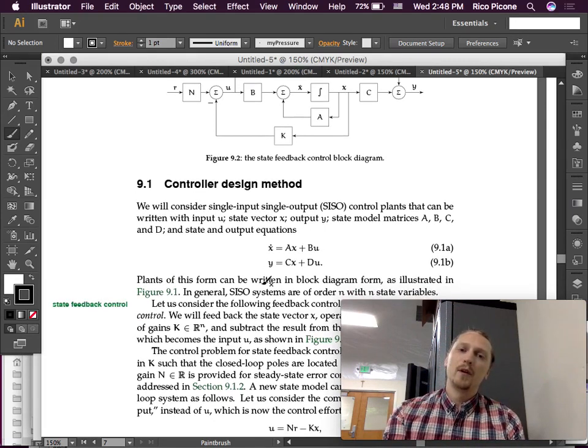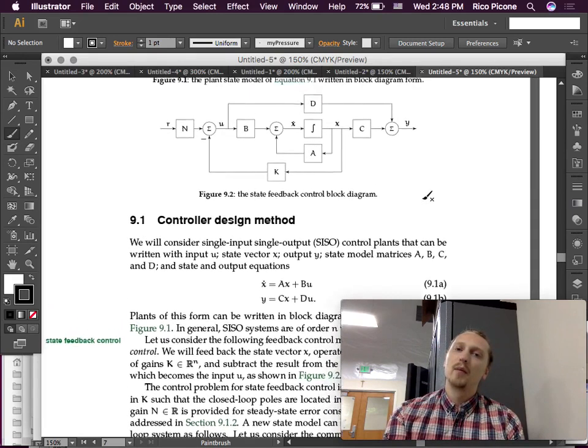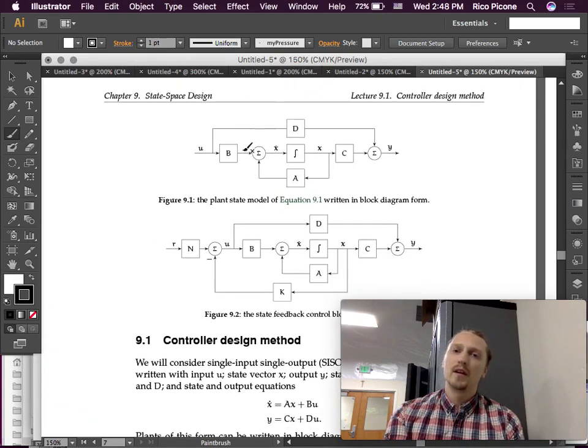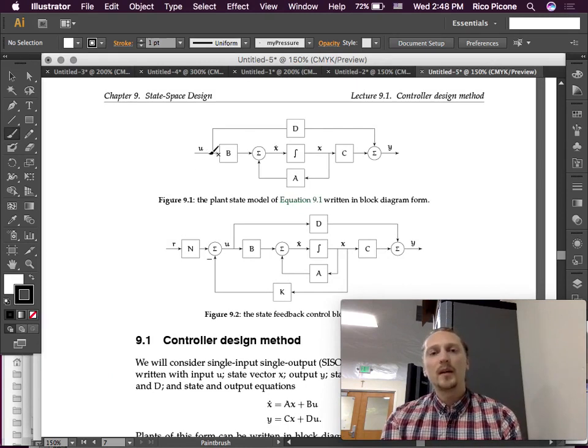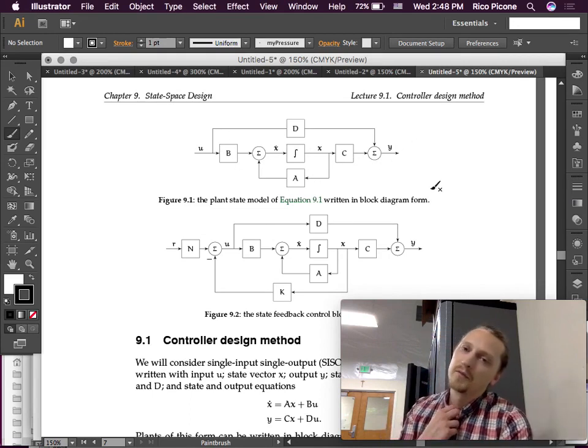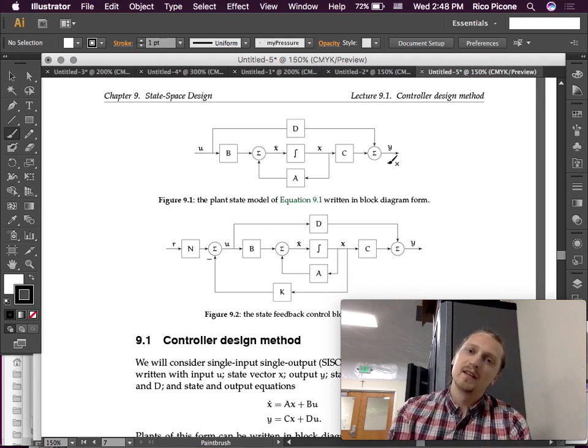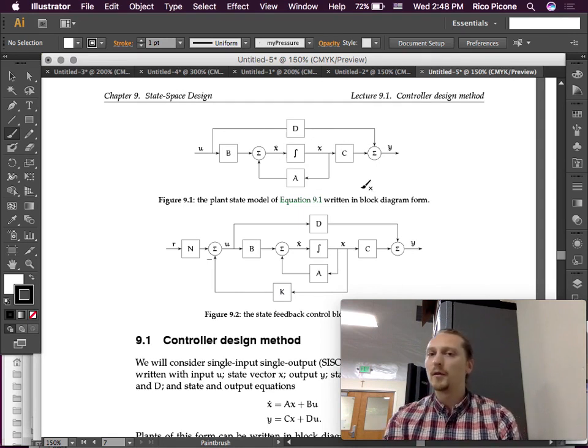Plants of this form can be written in the block diagram form shown in figure 9.1, which is here. So if you have an input coming in, it goes through this internal state, and it comes out as an output, right? So input to output. Essentially, all this is those two, the state and the output equation, written in block diagram form.